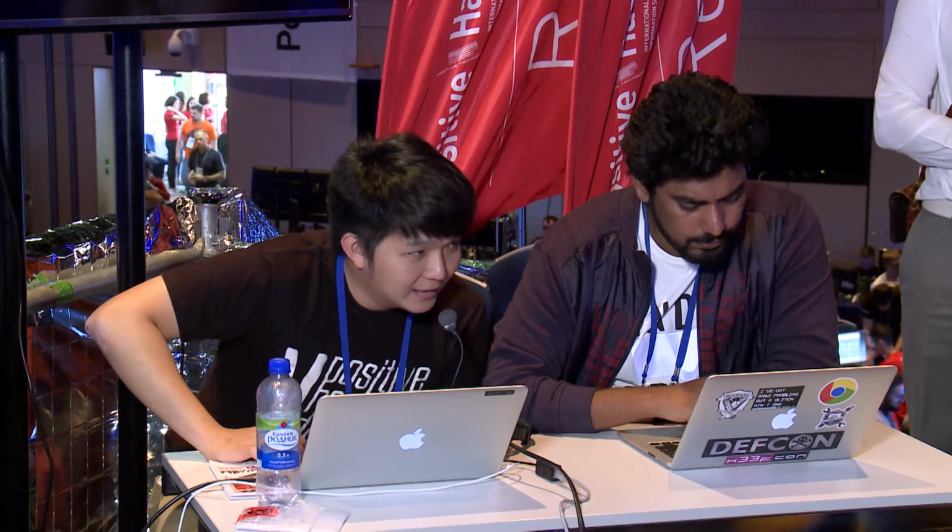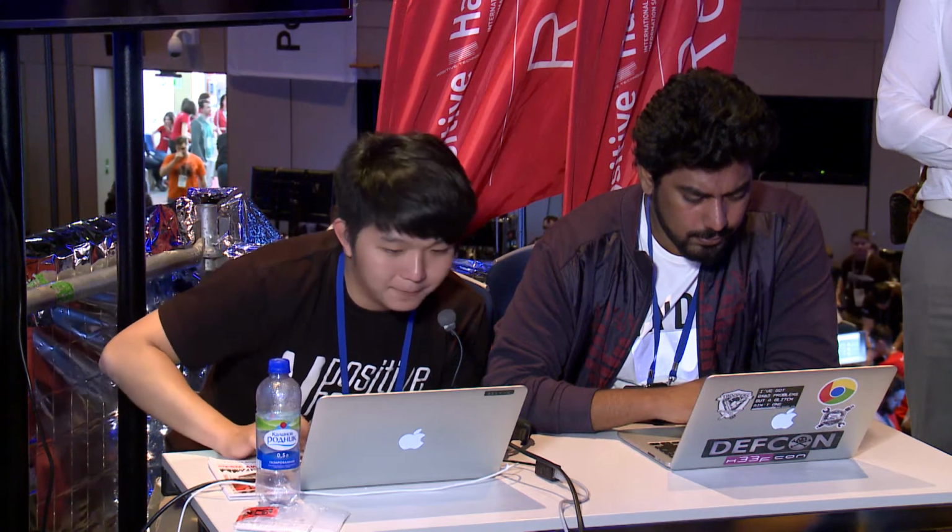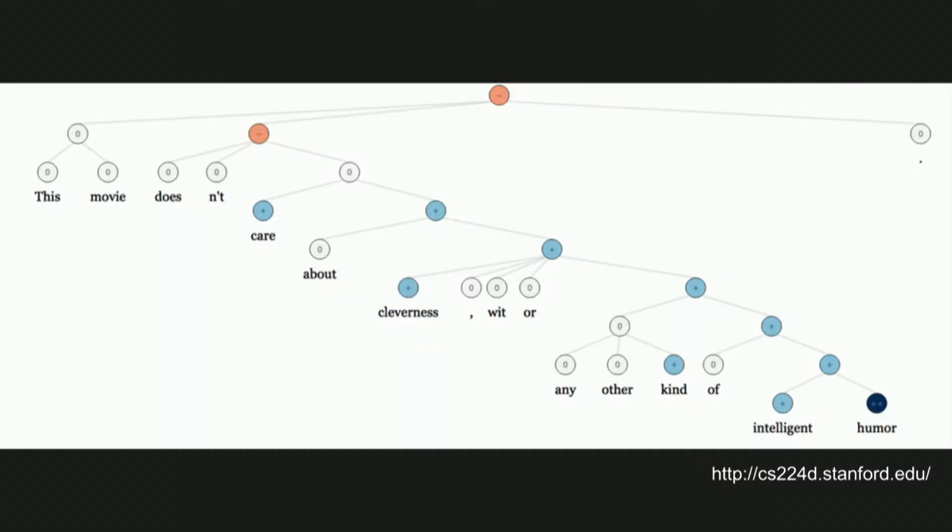And AI is a very popular and useful method of actually doing that. Sentiment analysis, for example, if you're looking at movie reviews or things where you want to figure out if someone is talking about something good or something bad, machine learning is actually very good at doing that as well.